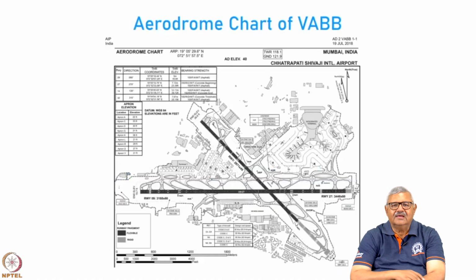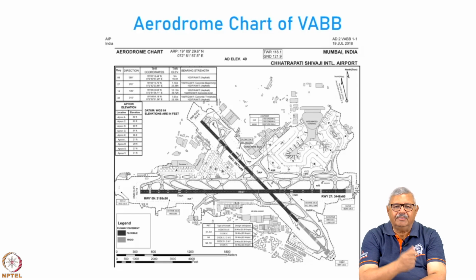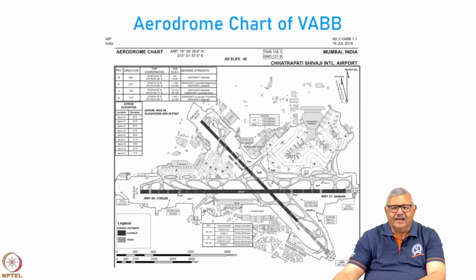Here is the aerodrome chart of VABB, which has been taken from the AIP, Aeronautical Information Publication. AIP India publishes details about all the airports, and this is, by the way, the most authentic and reliable source of information for any airport.